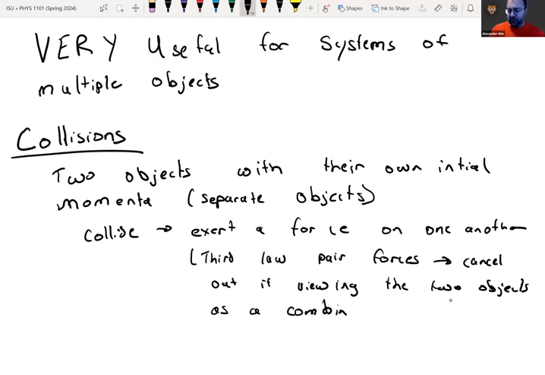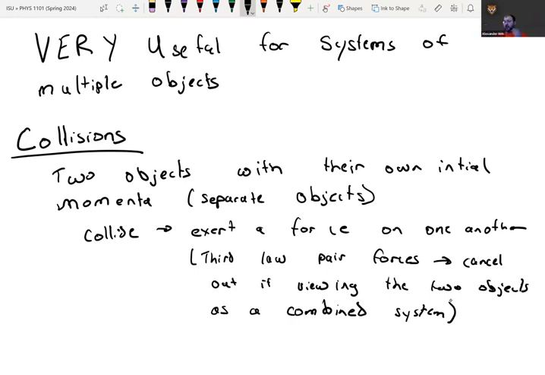Okay. So thinking back to when we talked about third law, if you were pushing on one block and that block was then pushing against another block, we said we can treat those two objects like one system. And then we ignore that interaction force occurring at the boundary of the two boxes, because it's just a third law pair and they cancel each other out. So if you group the two objects into one system, then you don't need to worry about how their interacting forces impact things.